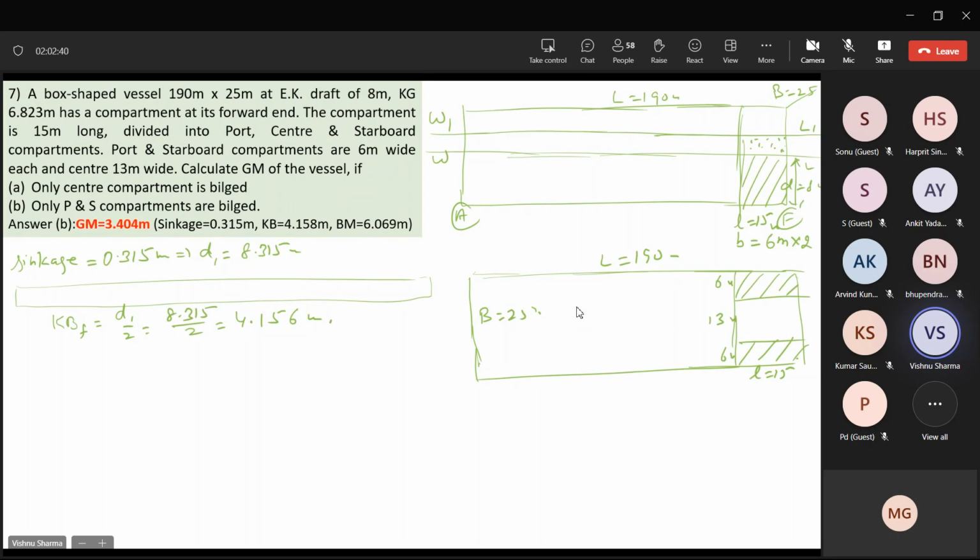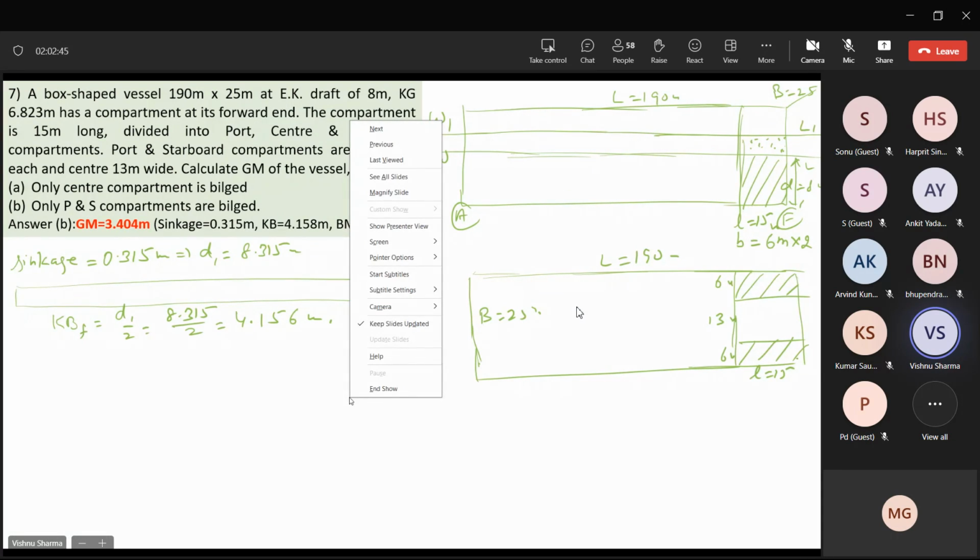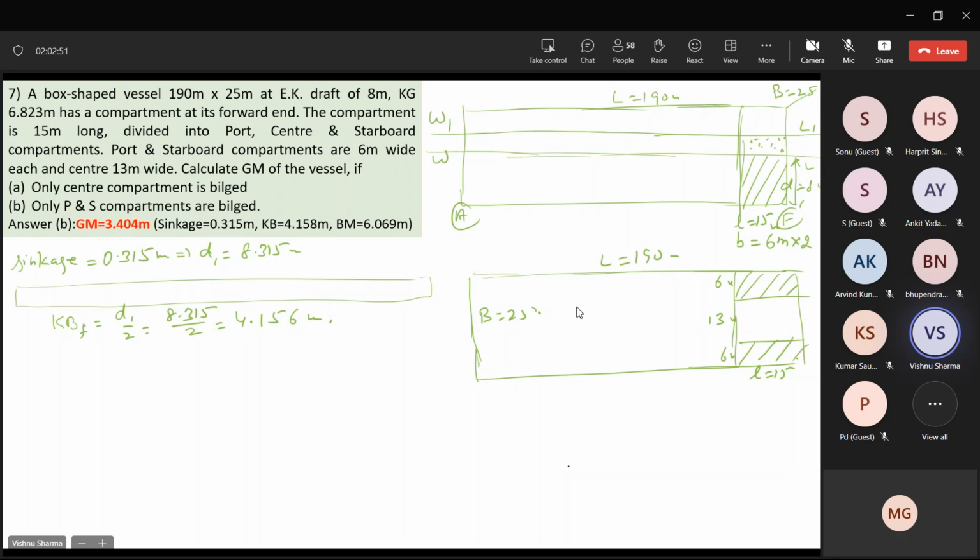Okay, now for BM, again look at the water plane area, visualize the center line and see if the center of flotation is going to be on the center line, yes or no. Is this the axis through the center of flotation?